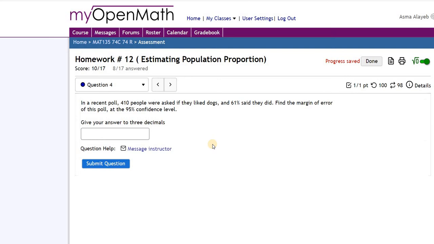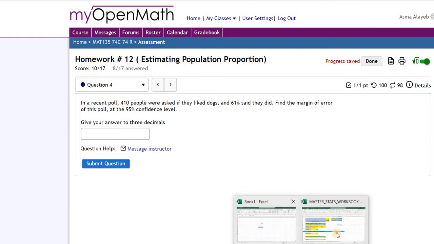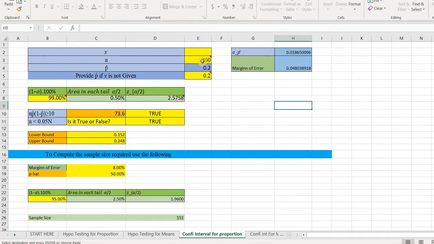Find the margin of error of this poll at 95% confidence level. So 95% confidence level. I have all of the information I needed, and now I don't have x. I have n, which is 410. I have p hat, which is 0.61. And then I need that at 95% confidence level. And what I'm computing is the margin of error again.